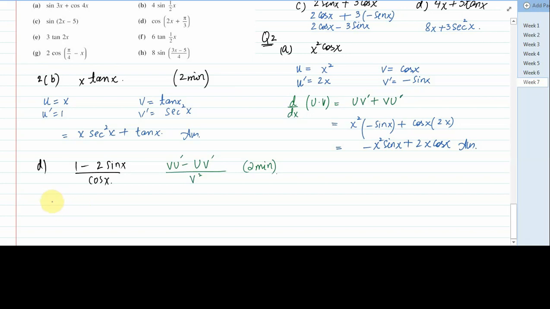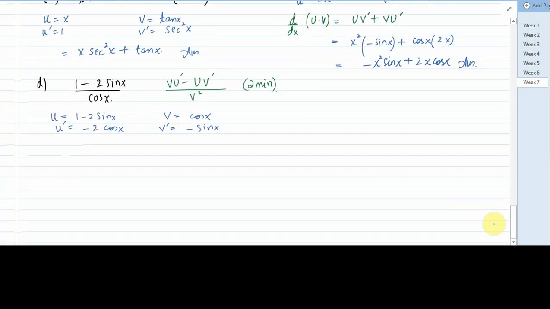Alright, firstly I need to pick u and v. So u is equal to 1 minus 2 sin x and v is cos x. So derivative of u will be minus 2 cos x, and derivative of v is minus sin x.